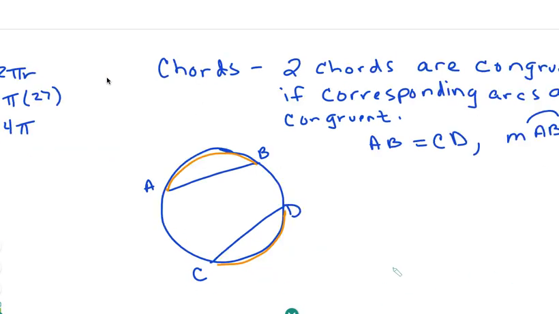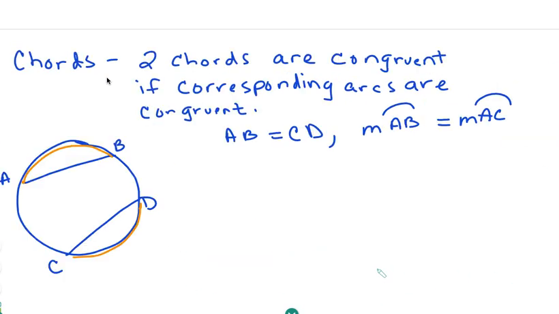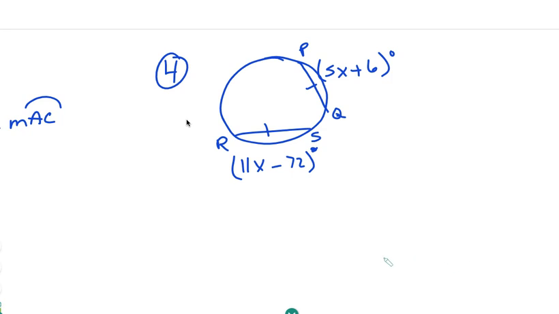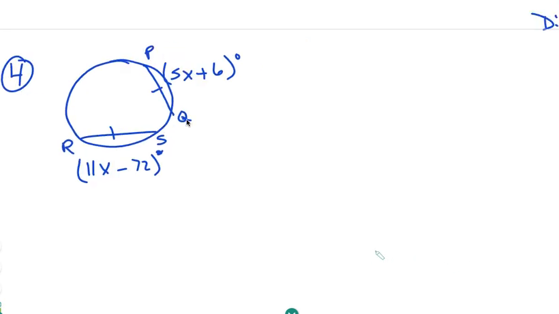All right, now let's look at chords. Two chords are congruent if and only if their corresponding arcs are congruent. So if the chords are congruent, that means their arcs are also congruent. So here I have two chords, and if I'm going to find the lengths of the arcs, then I'm going to set those equal to each other.